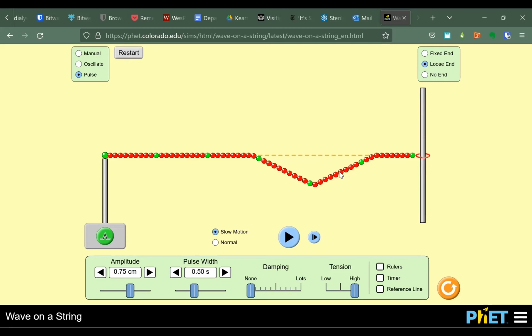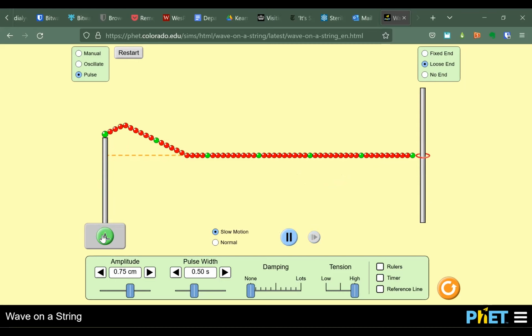If instead of a fixed end, I have a loose end, we see that there is again a reflection, but this time the wave does not invert.